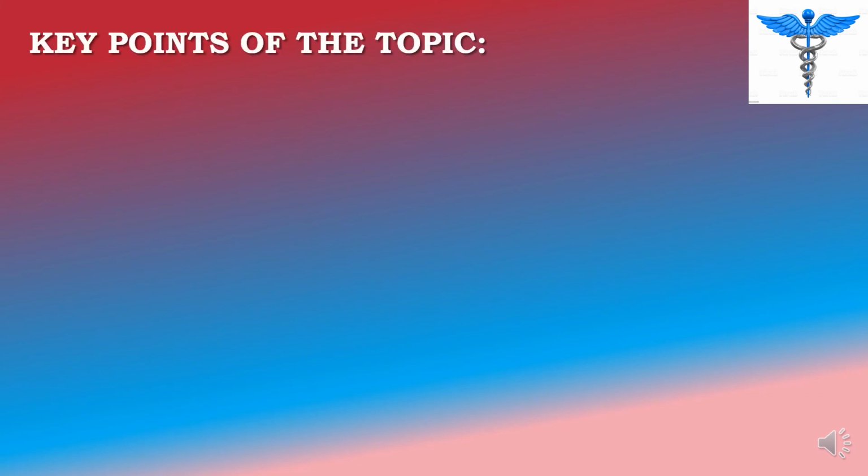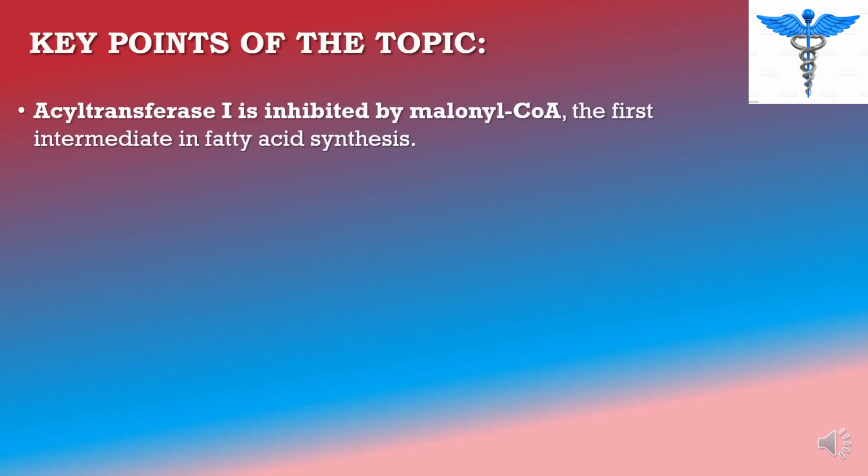Key points of the topic. Acyl transferase 1 is inhibited by malonyl coenzyme A, which is the first intermediate in fatty acid synthesis.